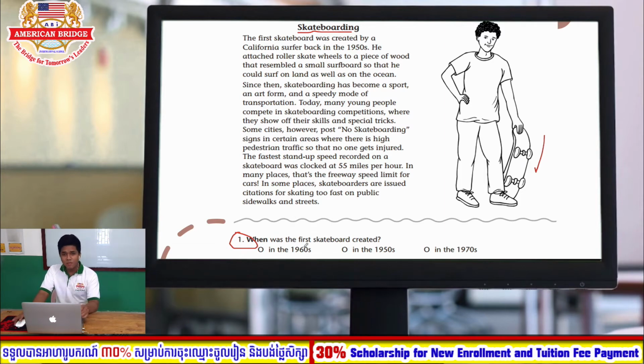So to skim for this specific information, we need to look at the keyword. So the keyword is the word created and the year. Alright, if you look at this passage here, there is only one number that represents the year. So the correct answer must be 1950s. So it's very quick and easy.